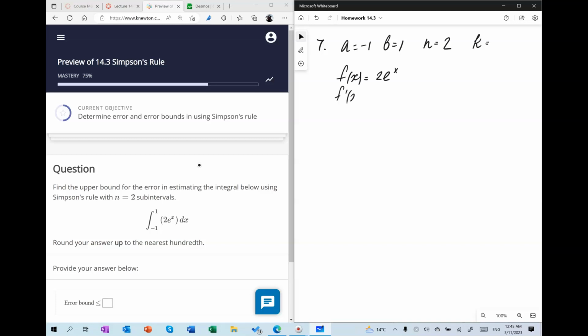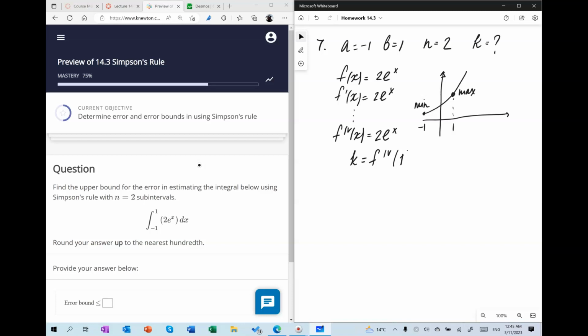Here, we can observe that the fourth derivative is exactly the same as the first derivative, and since the function is monotone, it means it obtains its minimum at -1 and its maximum at 1. So we can set K to be equal to the value of the fourth derivative evaluated at 1, which is just 2e. And now we're ready to find the upper bound for the error.